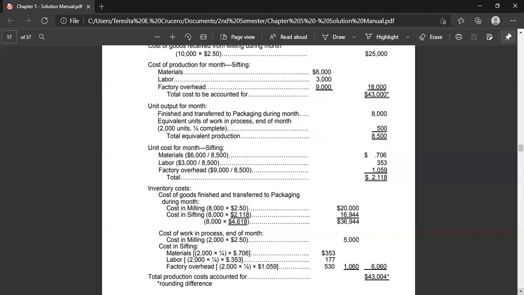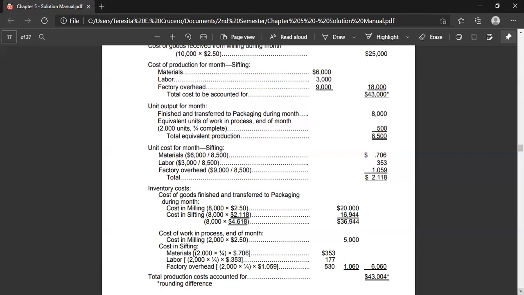In the milling department, here we have 8,000 and we multiply that by 2.50, the cost per unit given. Then the cost in shifting 8,000 units times 2.118, so that the whole amount is equal to 4,618.